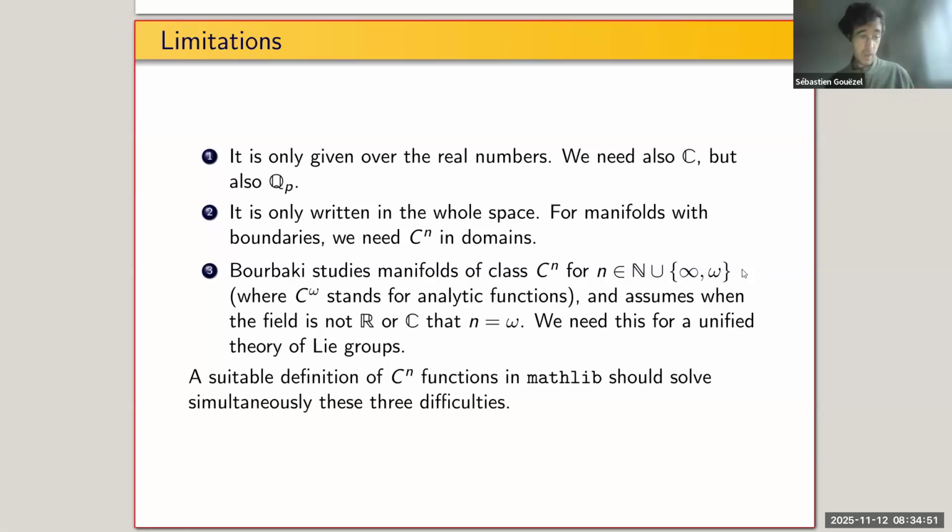Of course, if you're doing one single project focusing on one specific theorem, you don't need to think of this huge generality. But if you're building a library that should apply to many separate projects, you should think of a definition that will also be suitable for everyone.